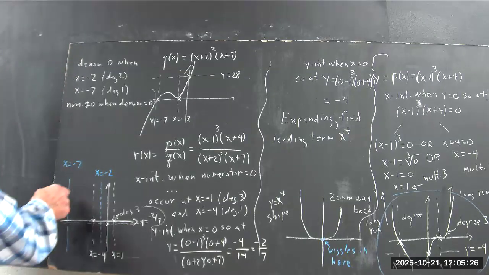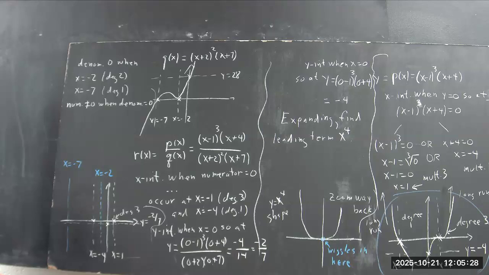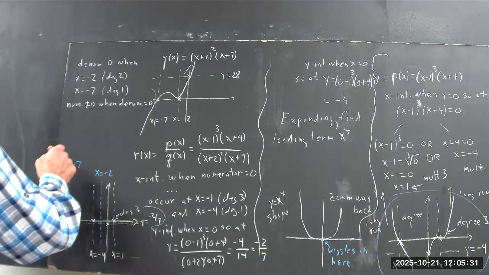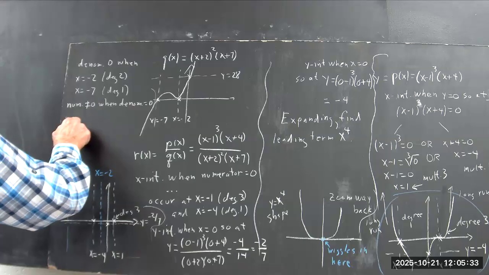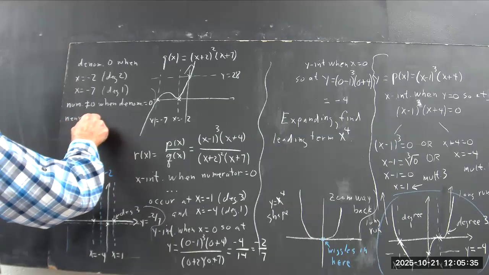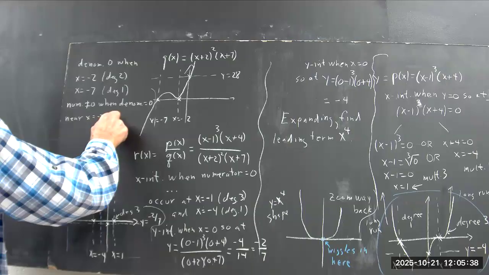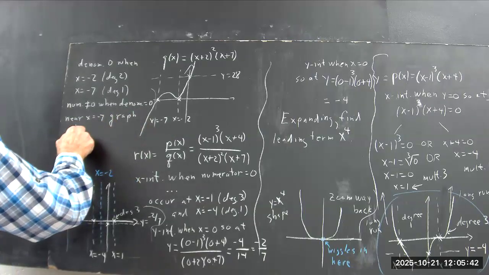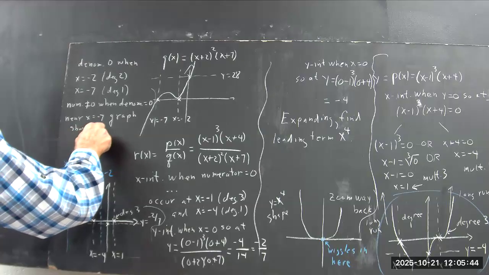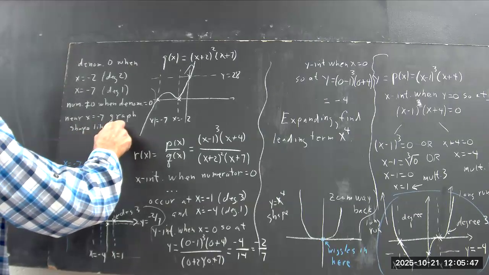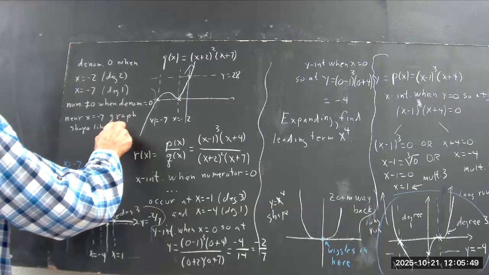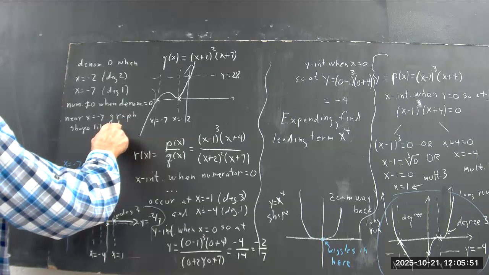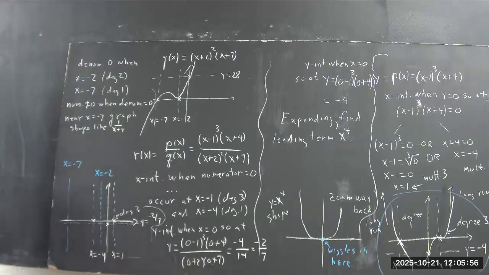Now near x equals negative 7, the graph shape is like 1 over x plus 7.